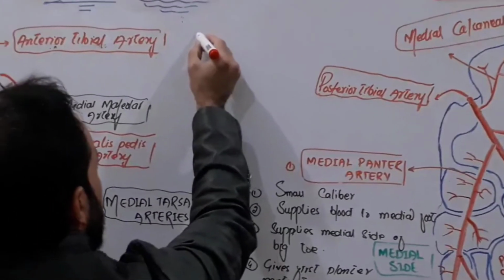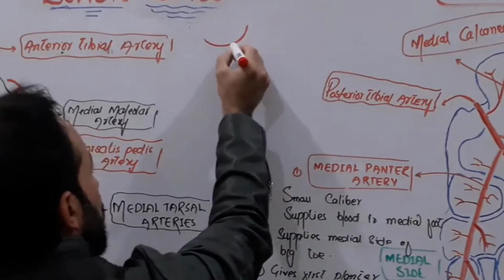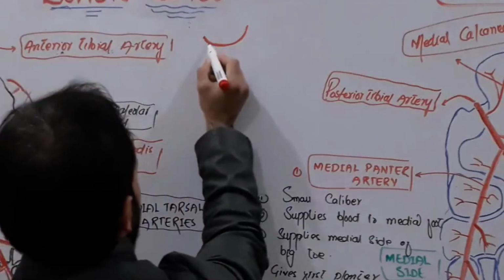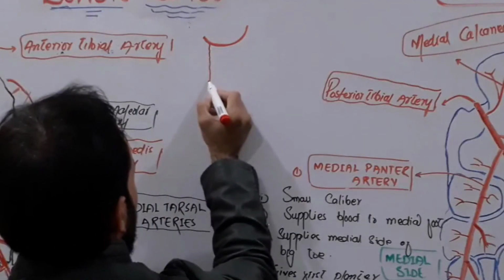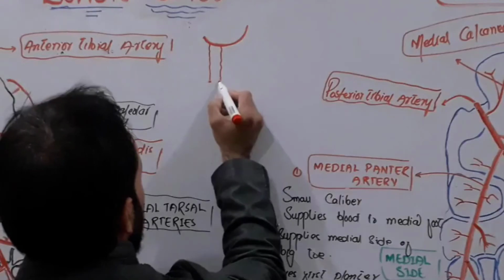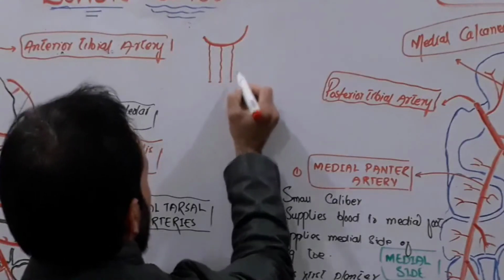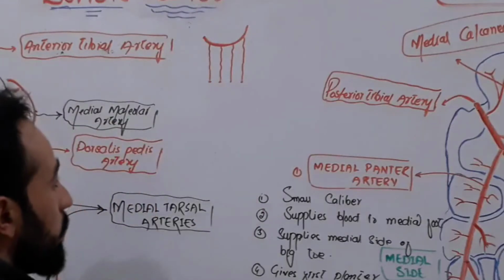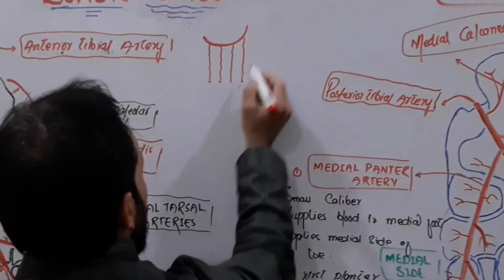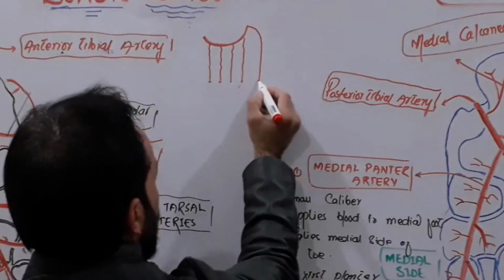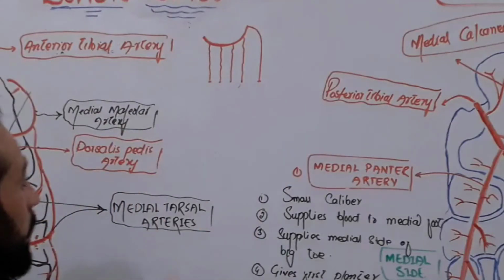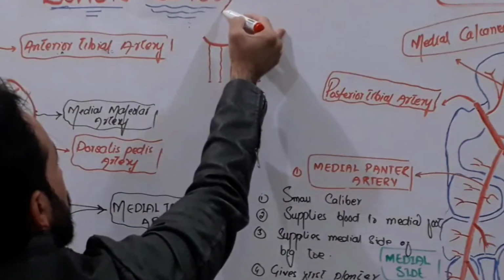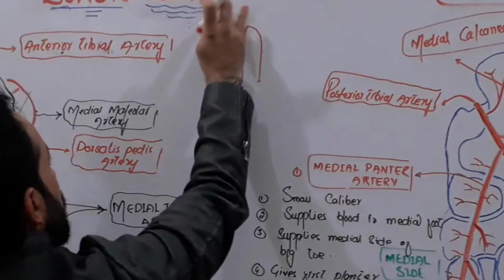First of all, look at, my dear friends, here. This is our plantar arch, right? From this plantar arch, there are first, second, third, and fourth metatarsal branches, and you can also say that fifth metatarsal branch also, like this. As you know, the first metatarsal branch is coming from which artery?